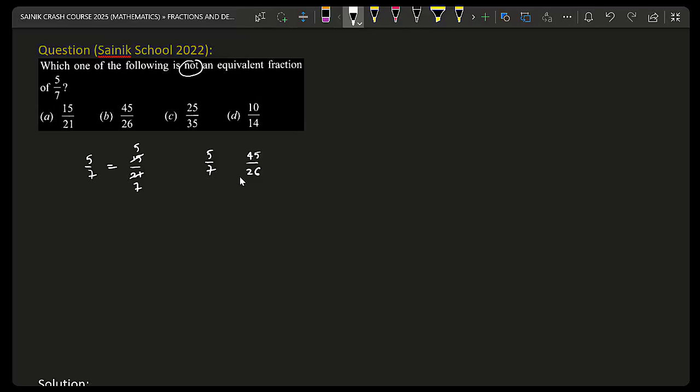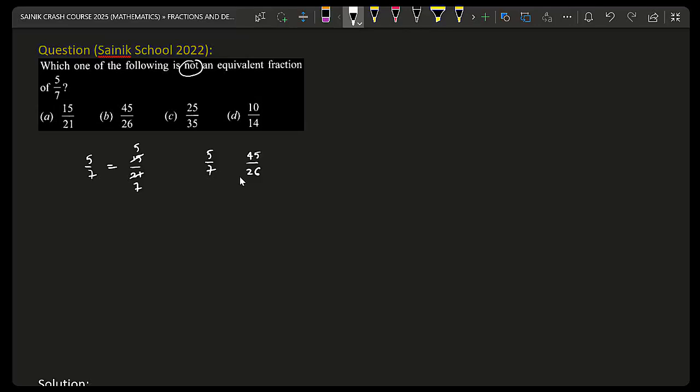45 and 26 both are divisible by which number? You don't see any common factor.